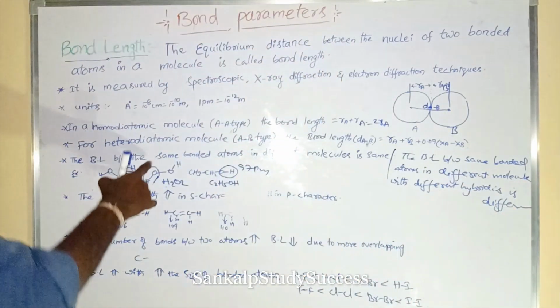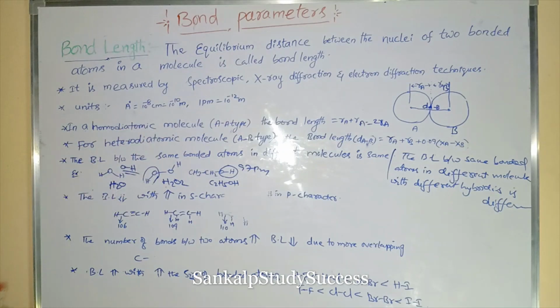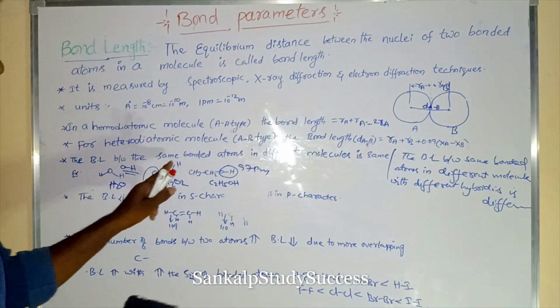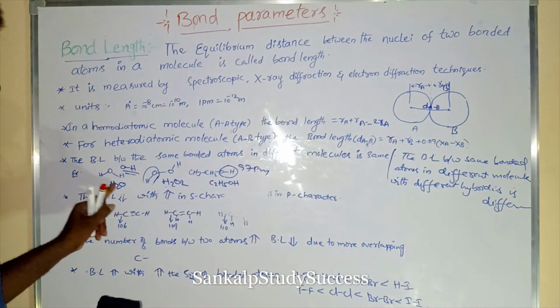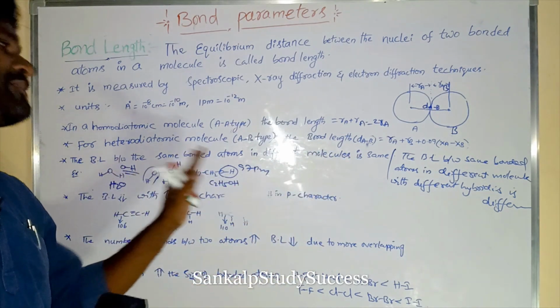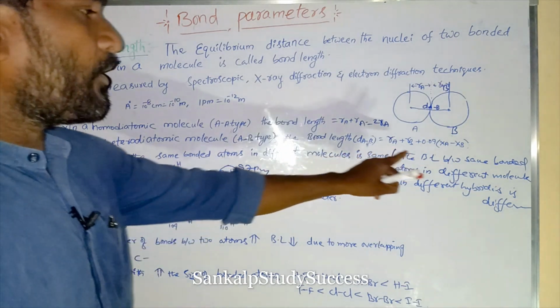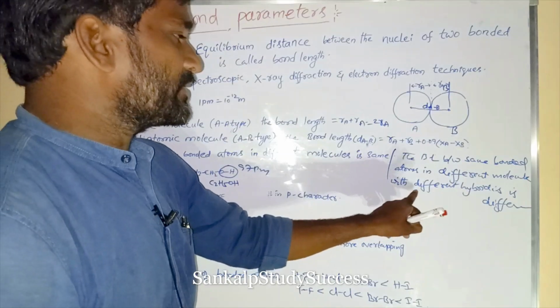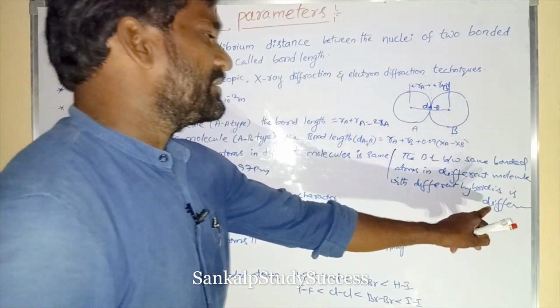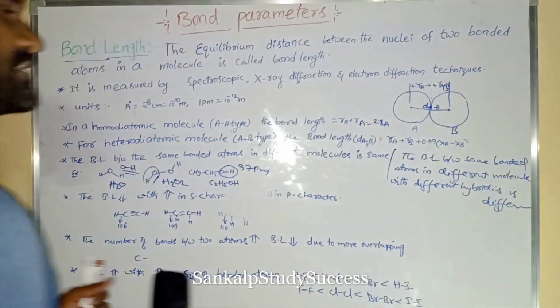So what is the difference between these 2 points? The bond length between the same bonded atoms in different molecules is the same because all these molecules undergo the same hybridization, but with different hybridization, its bond length is different.